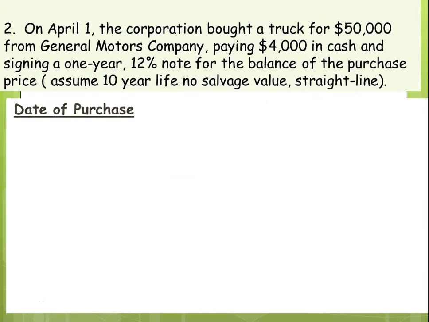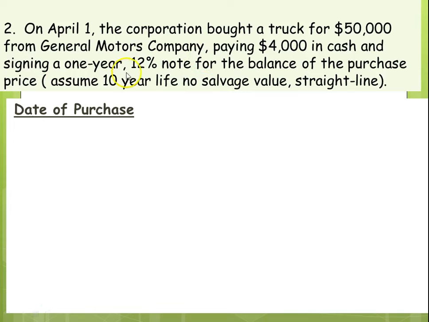Okay, our next example is we bought a truck for $50,000 from General Motors Company, paying $4,000 in cash and signing a 1-year 12% note for the balance of the purchase price.